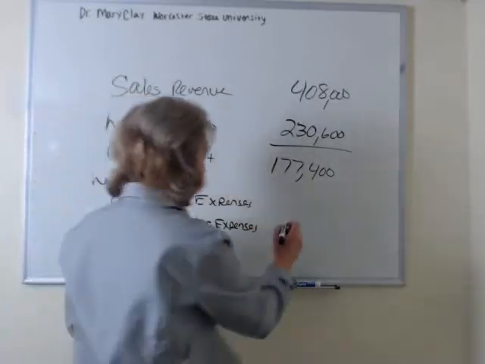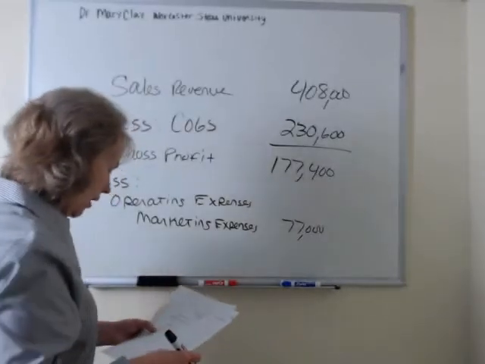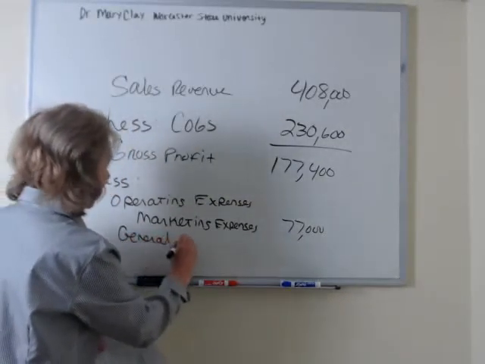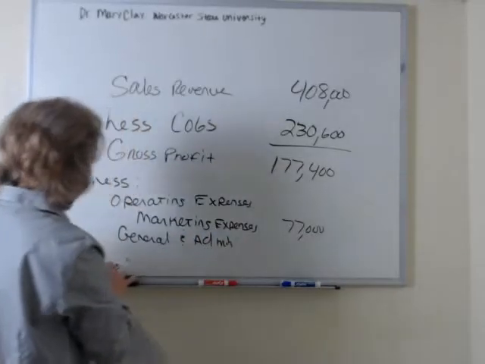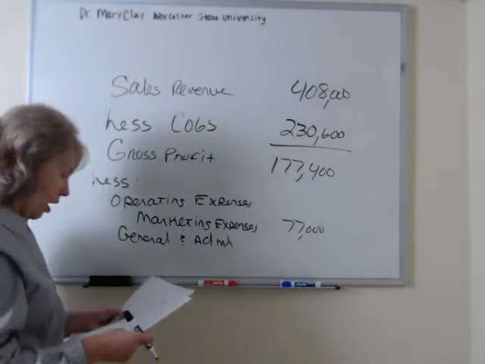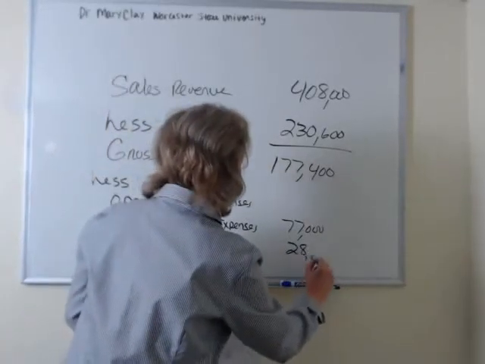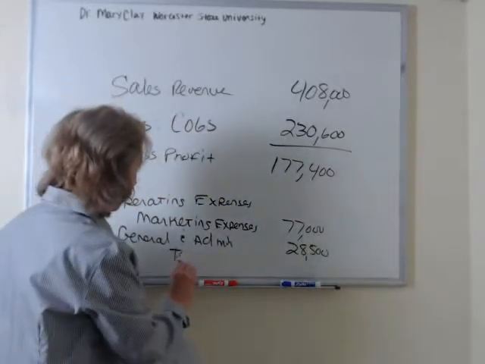And that is 77,000. And then we have general and administrative, general and admin. Okay? And those are 28,500.